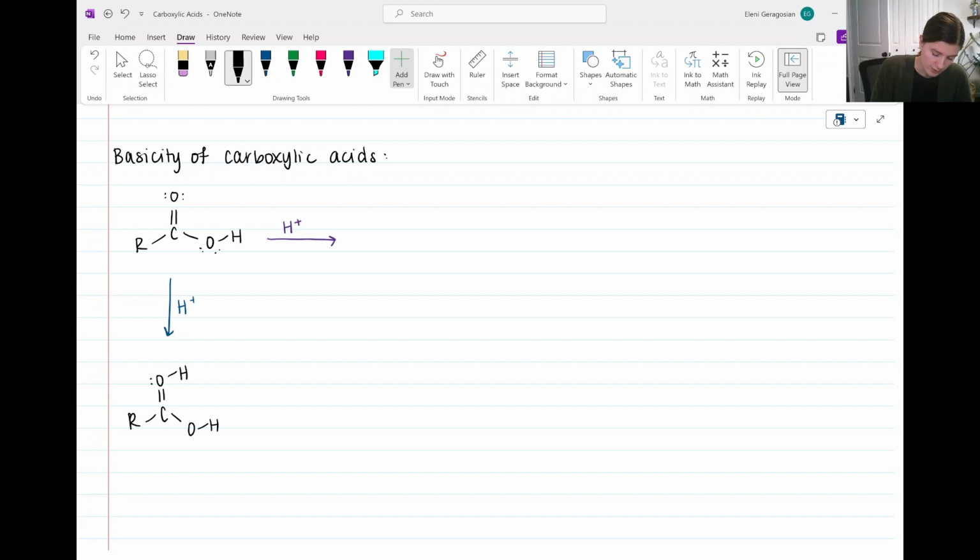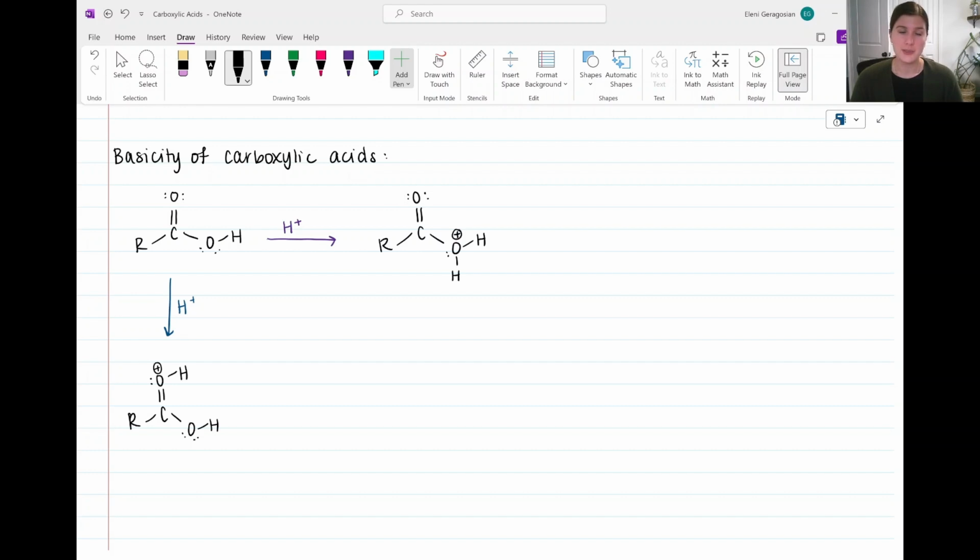we have a new hydrogen bonded to the carbonyl oxygen. That oxygen is positively charged. If we protonate the OH group oxygen, we have a positive charge on that oxygen and an additional hydrogen there as well.